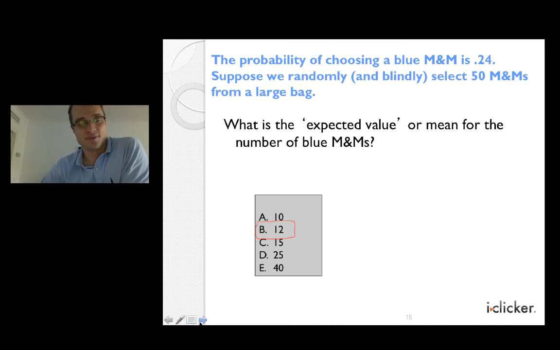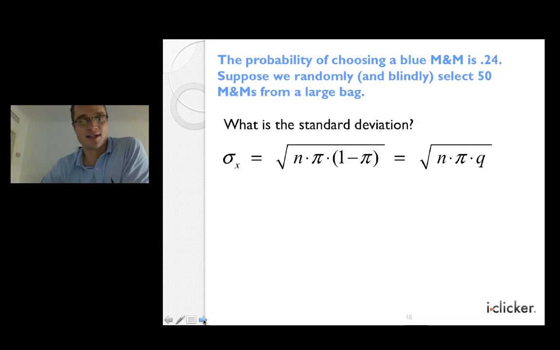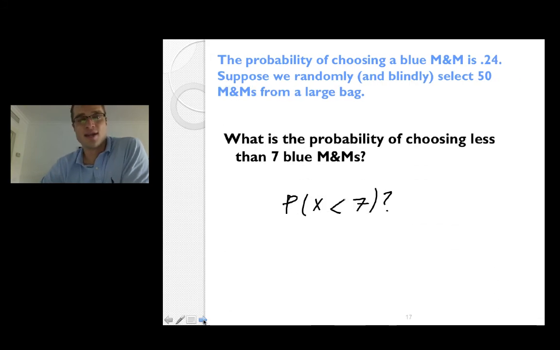So we can safely approximate this as normal. So when answering this question, we can go to our typical z distribution, our normal distribution, and calculate the probability of grabbing, out of 50, less than 7 blue M&Ms.